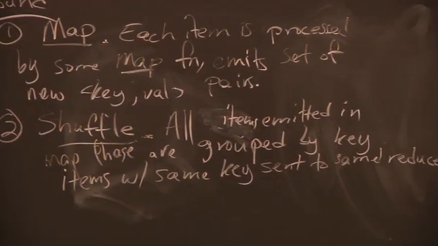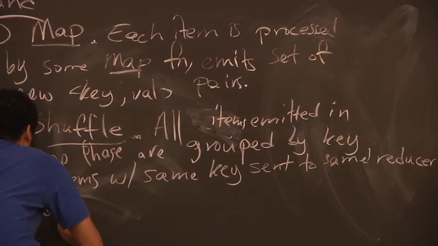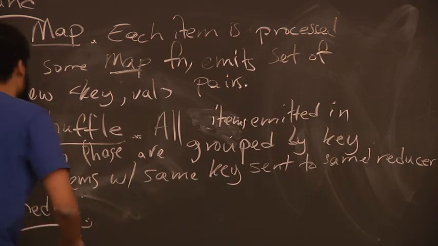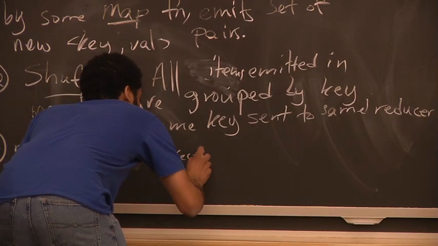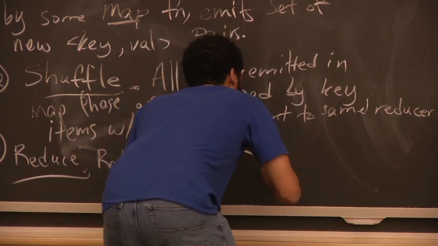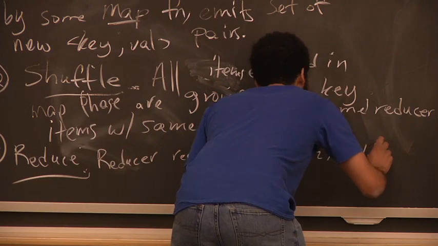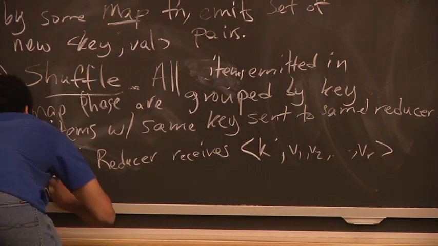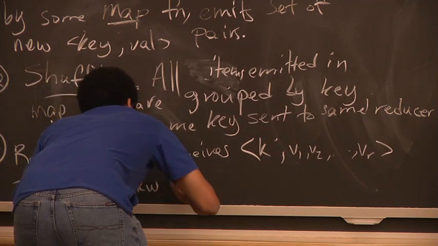A reducer is a machine that reduces in the final phase. So this is the third phase, reduce. A reducer, which is a machine, receives a key k as well as a bunch of values v1, v2, vr, and emits a new set of keys, new set of items.